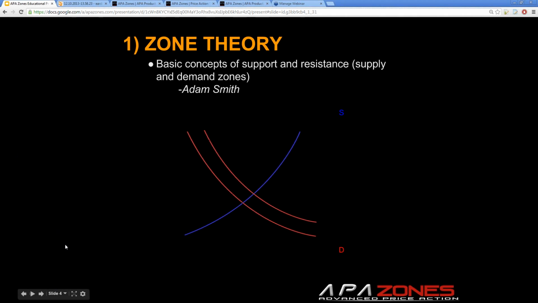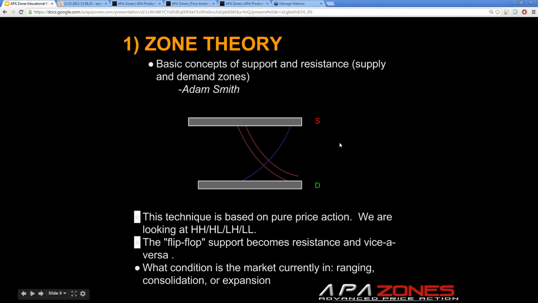Okay, so if we have supply and demand, we're looking at the right side of the chart here. If we have supply above demand, an excess of demand down here, an excess of supply up here, you could consider these zones. And so you can see how price is shifting throughout time.